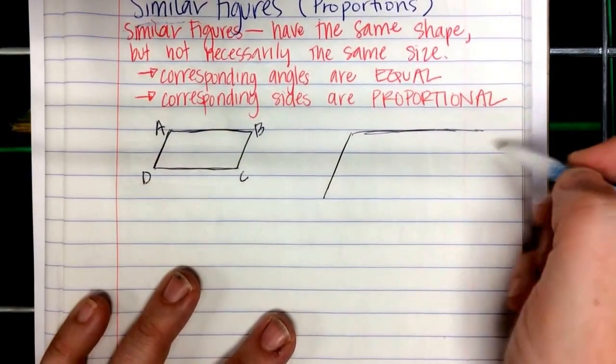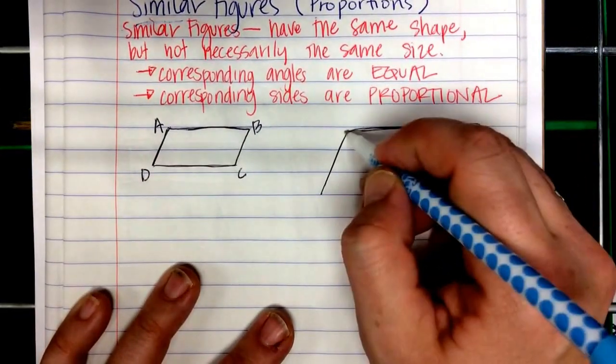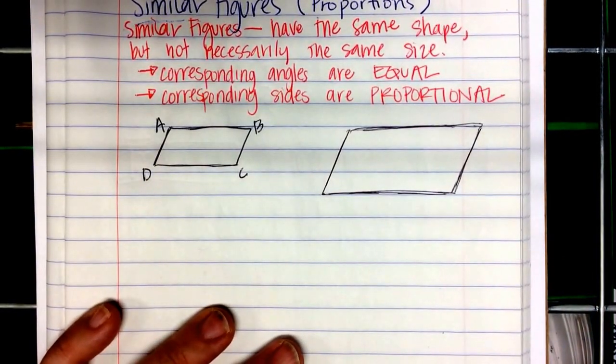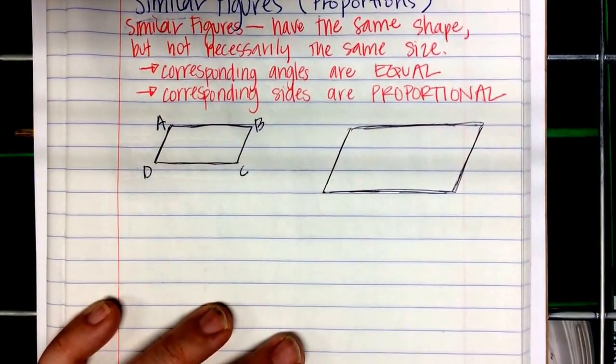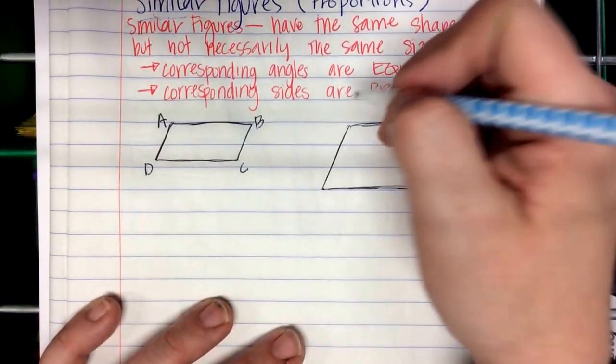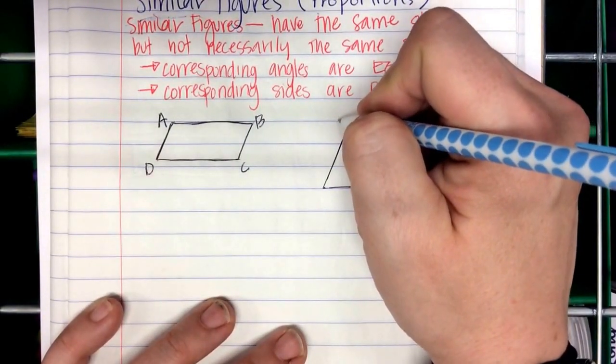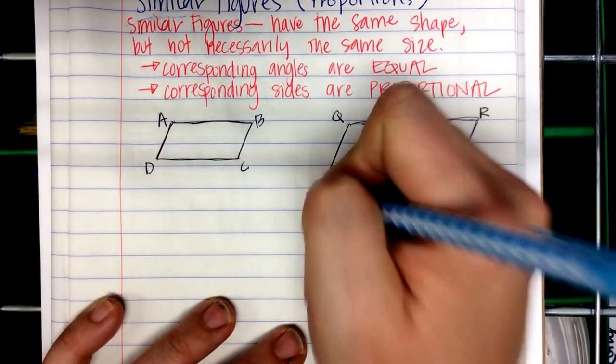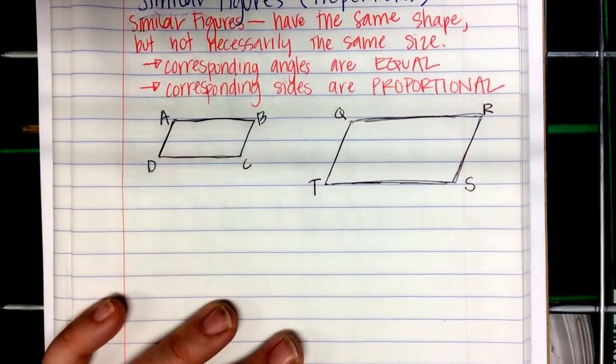This one's bigger. And I'm going to label this one Q, R, S, T.